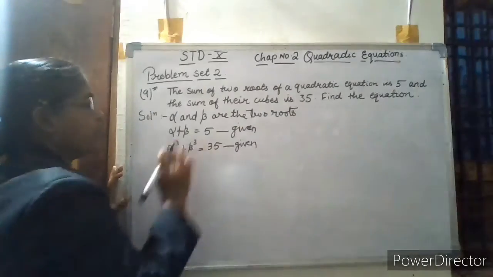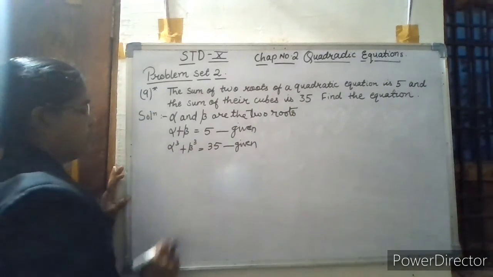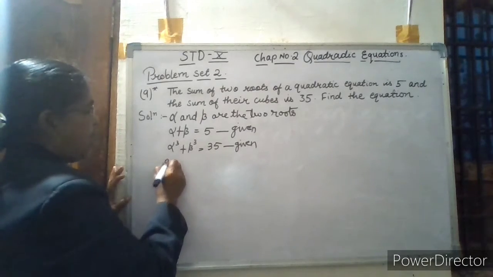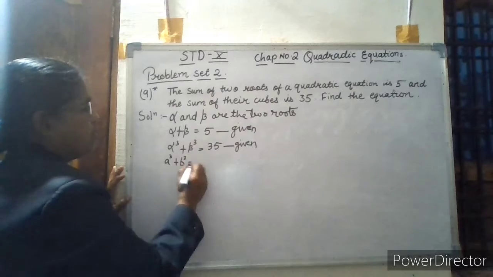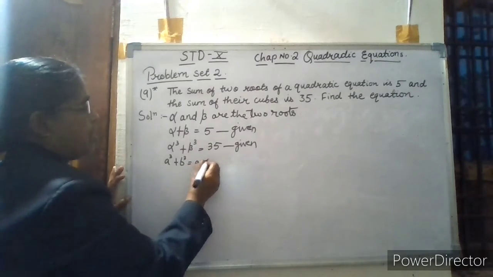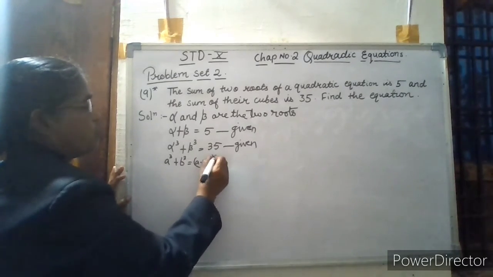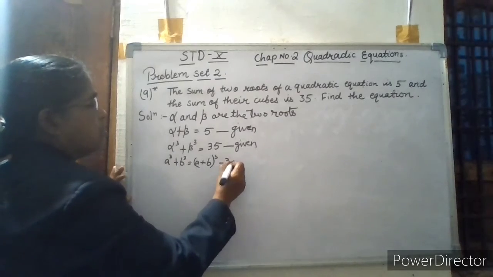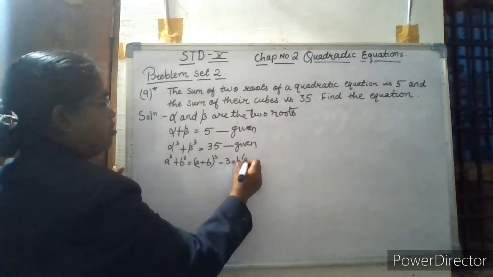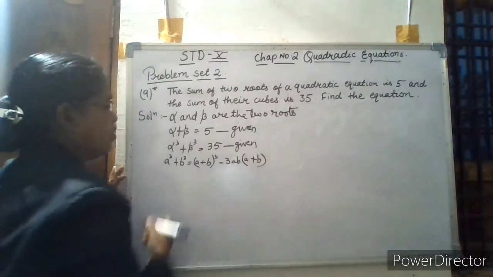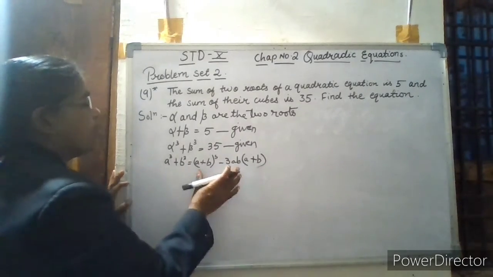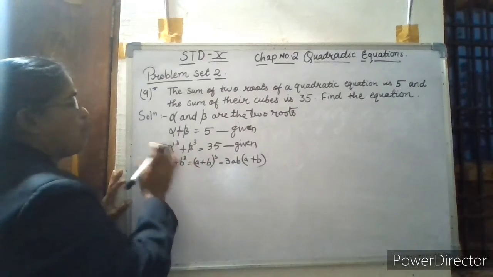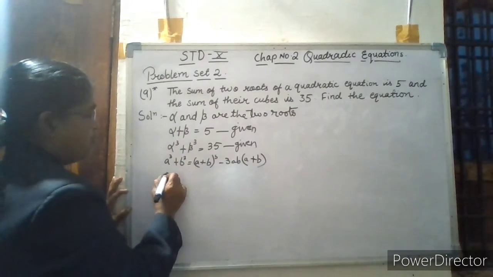So, to get the product of the roots, we will solve this. Now, we know the formula: a cube plus b cube is equal to a plus b the whole cube minus 3ab into a plus b. So, now I will put it in the form of alpha and beta.